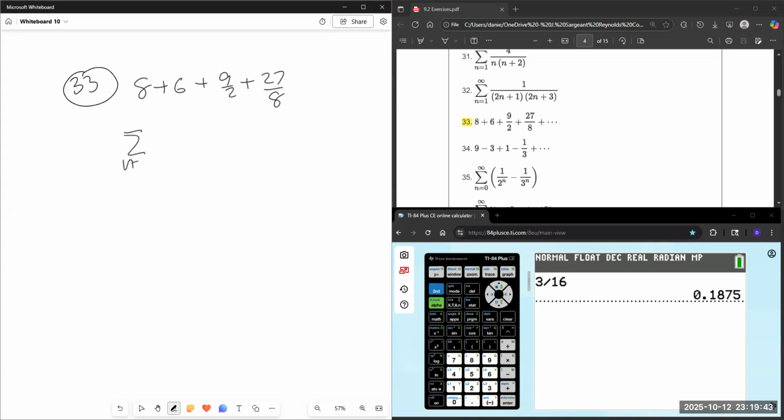So this looks like the sum from n equals 0 to infinity of 8 times 3/4 to the n. That's going to be equal to 8 over 1 minus 3/4, since 3/4 is less than 1, which is 8 over 1/4, multiplied by 4 over 4, and 8 times 4 is 32.